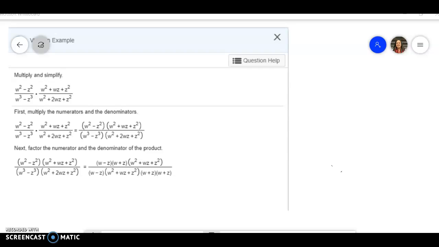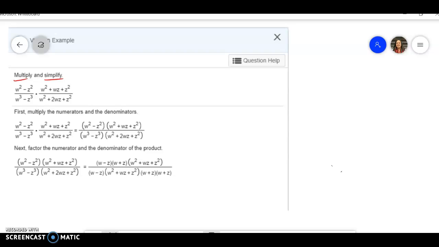But in this particular homework assignment, the student said that they understood what was going on with the multiply and simplify steps here. So what we had were two rational expressions that we were multiplying.